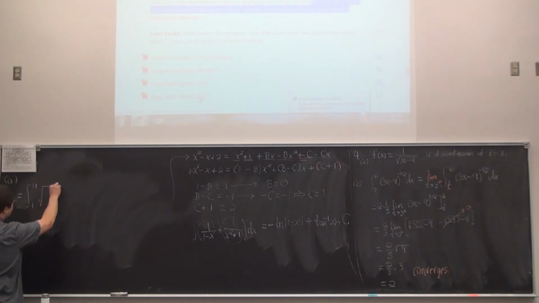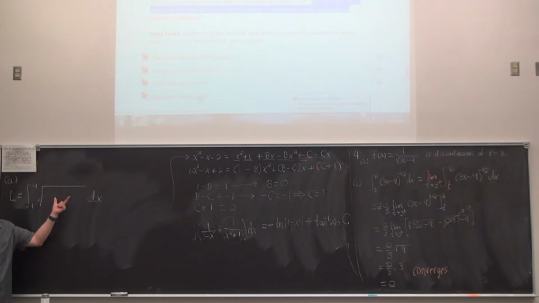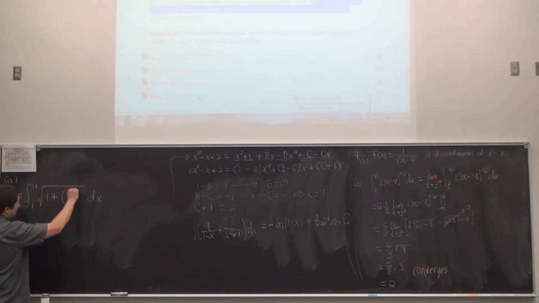And this process will be the square root of something dx. Then if we were in section 10.2, it would be dx/dt squared plus dy/dt squared. If we were in 10.4, it'd be r squared plus dr/d theta squared. But all the way back in chapter 8, it's been a long time, this one became 1 plus dy/dx squared.